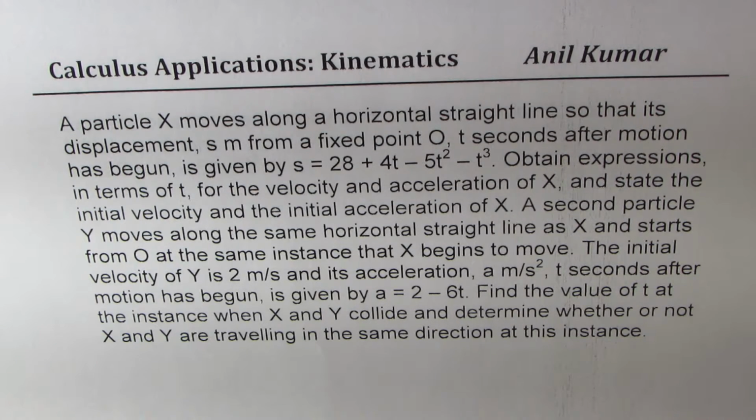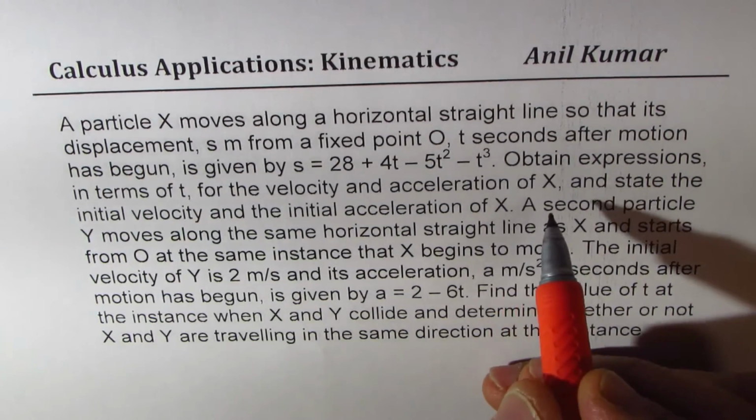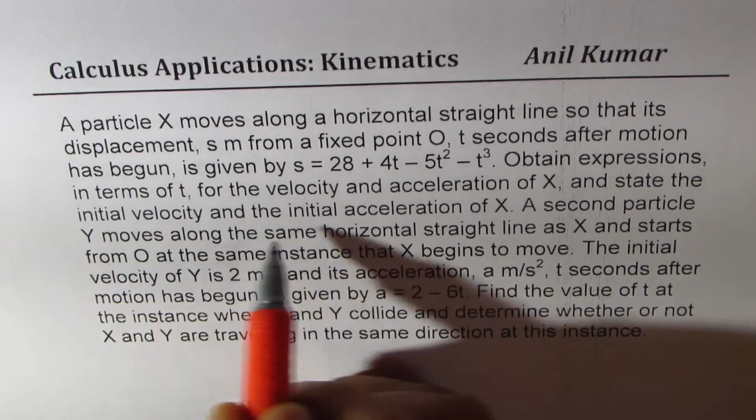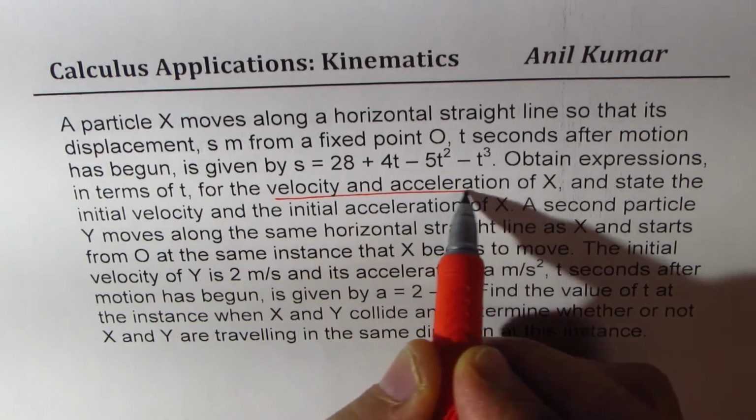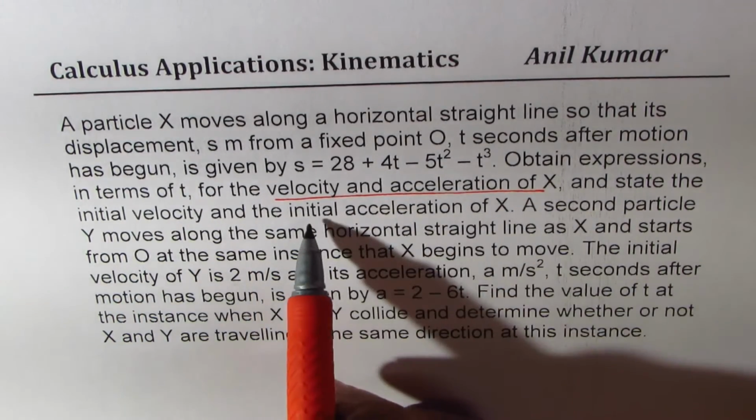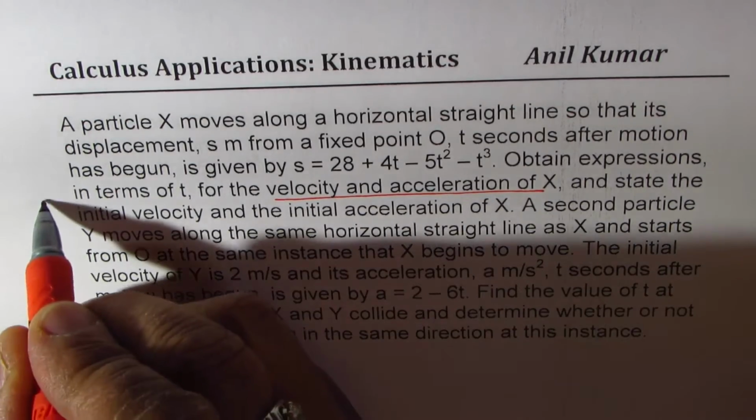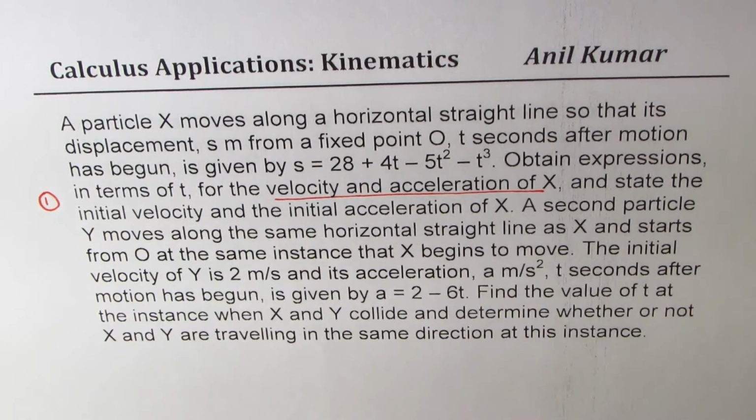Well, a lot of work to do here. So we'll break this up into a couple of parts. In the first part, I will find the velocity and acceleration expressions for x, thereby giving you the initial velocity and acceleration.